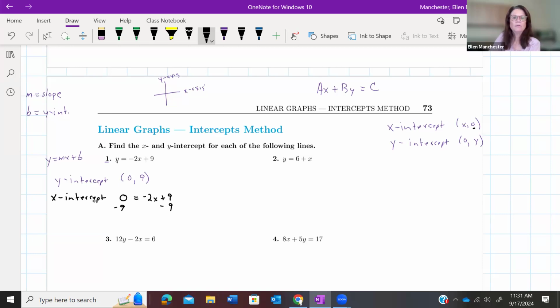So we're going to solve for X. We're going to subtract 9 from both sides, and then divide by -2. So your X-intercept is 9 over 2, and your Y value is 0. Those are your 2 points.